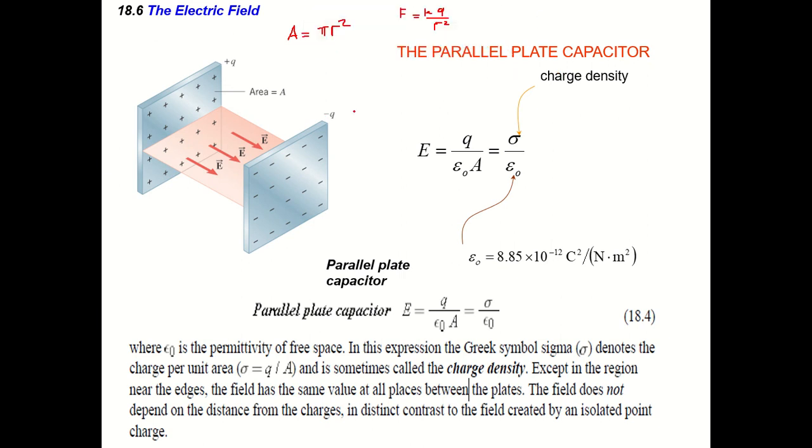Okay, so with the combination of all this information, we can derive our A is equal to Q over K. We can still remember our K is equal to 1 divided by 4 pi epsilon.